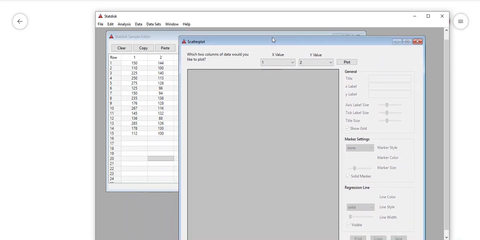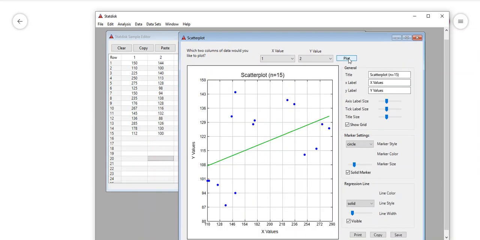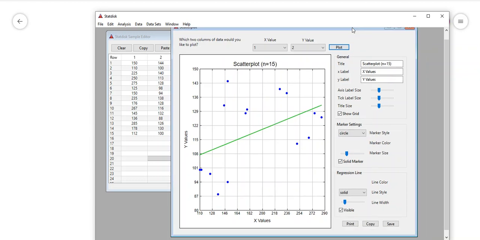So my independent, there's my weight, right? And there's my dependent, my pressure. So then we're going to look at this and see. And again, you can copy paste this. Here's your copy. You can do Control V into Word to get it to paste.